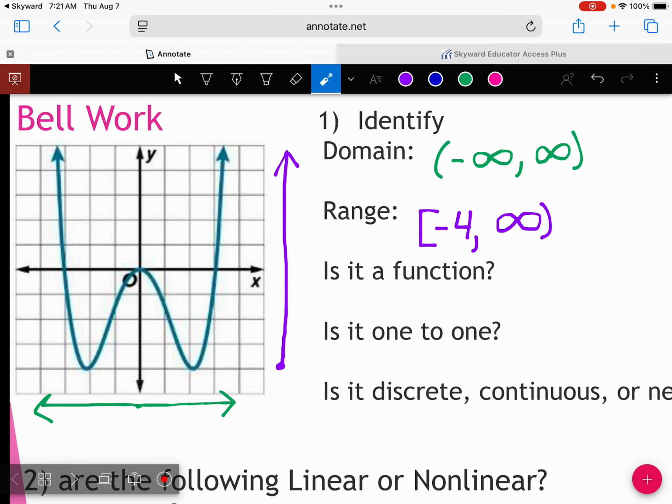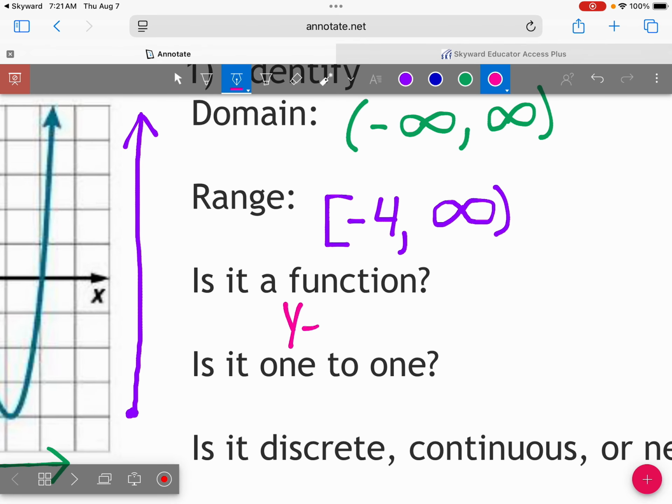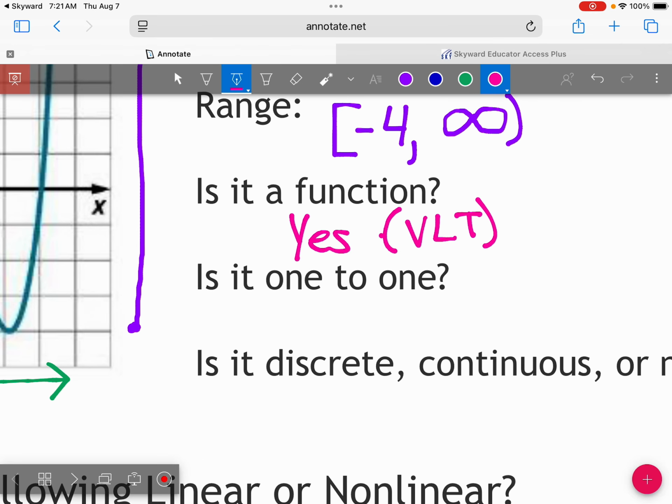Is it a one-to-one function? If we did our vertical line test for function, how do we check for one-to-one? Sideways. Does it cross the graph at more than one point when I hold it this way?